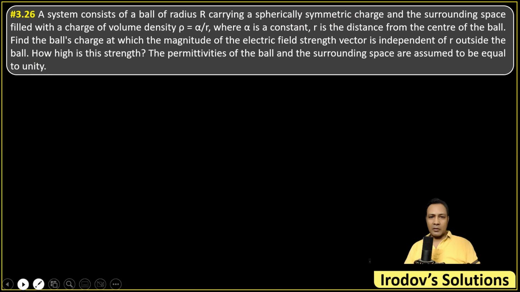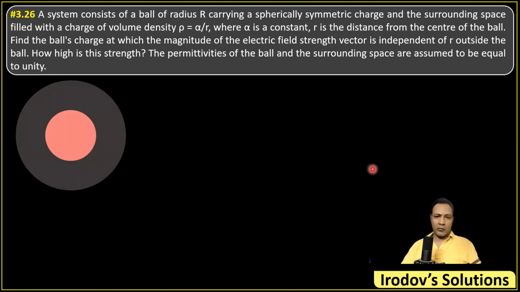So, this is the diagram of the question. There is a ball whose radius is given to be capital R, and outside the ball, in the surrounding space, there is a volume charge density.